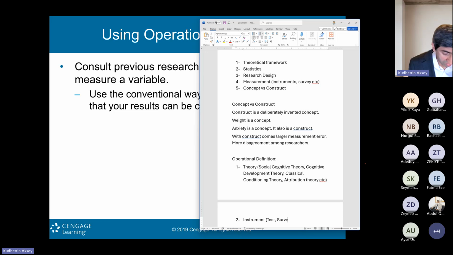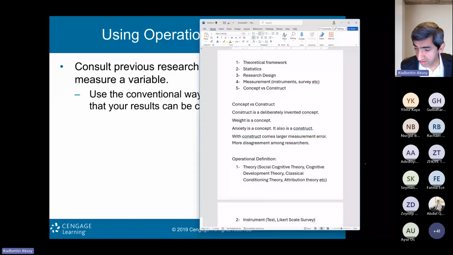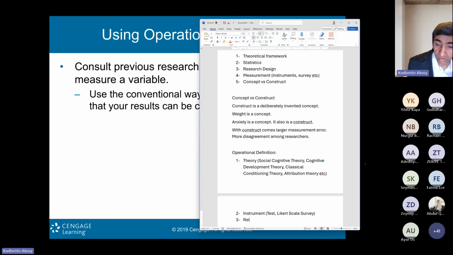It's not a test, like a survey, usually a Likert scale survey, where you present statements, and then you ask students to rate themselves out of 5, out of 7, out of 10. You build in different measures. And then once you have that, you have to make sure what you did is correct, with a reliability and validity check.